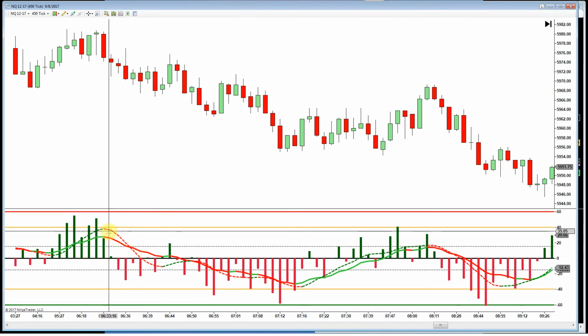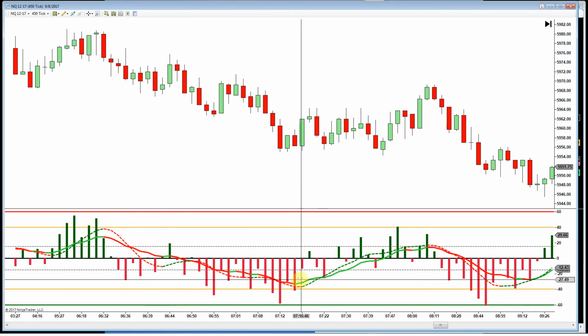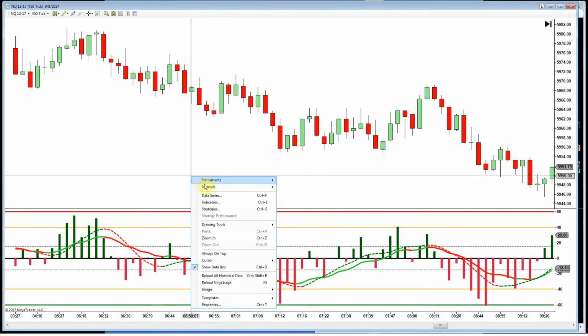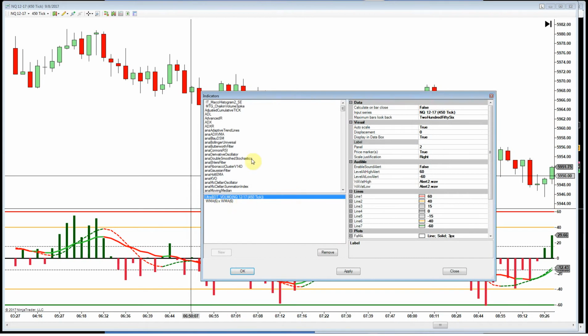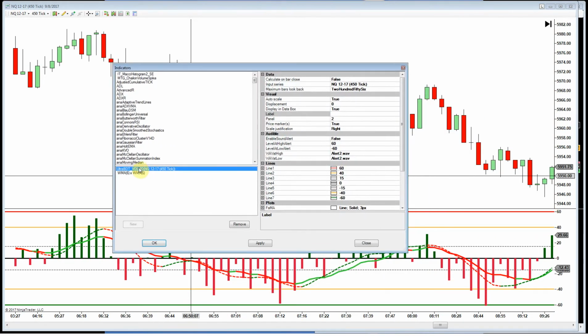Now, they're the same exact color that I've got here, but you can change these to any colors you want just by going into the indicator. I'll show you how to do that real quick, although if you've been with NinjaTrader and Boomerang for a while, these are common, simple procedures that you should be well familiar with.